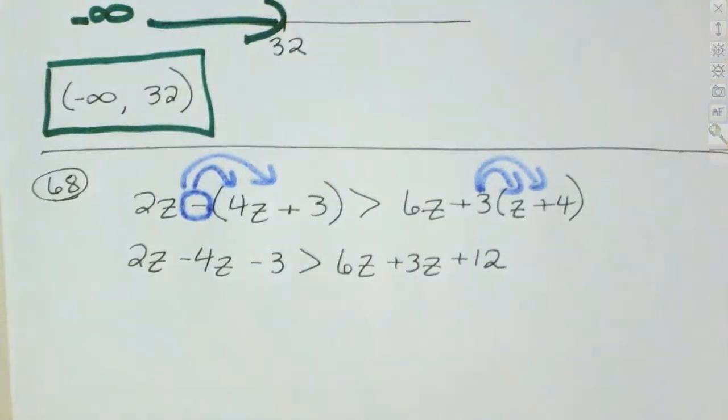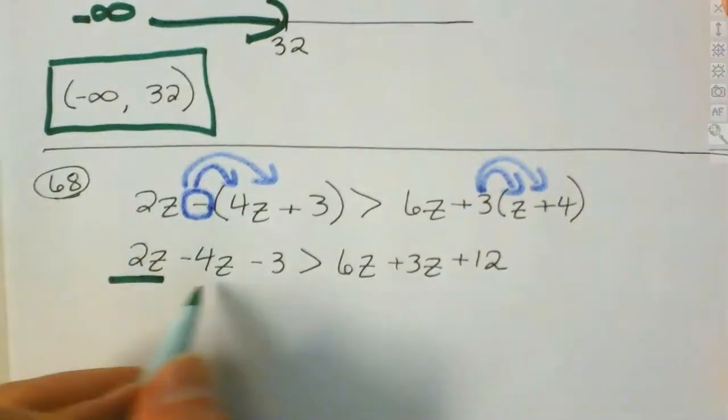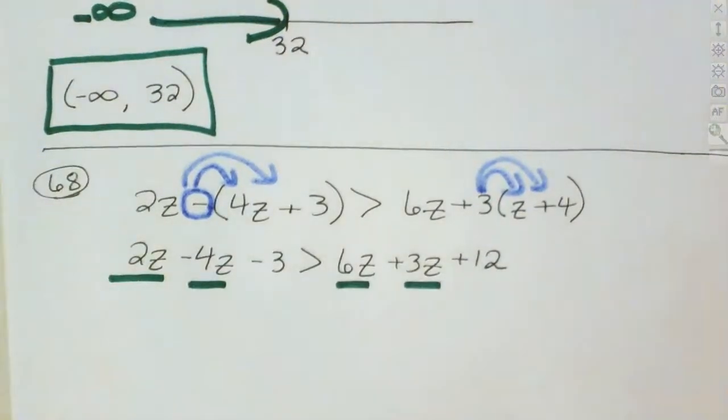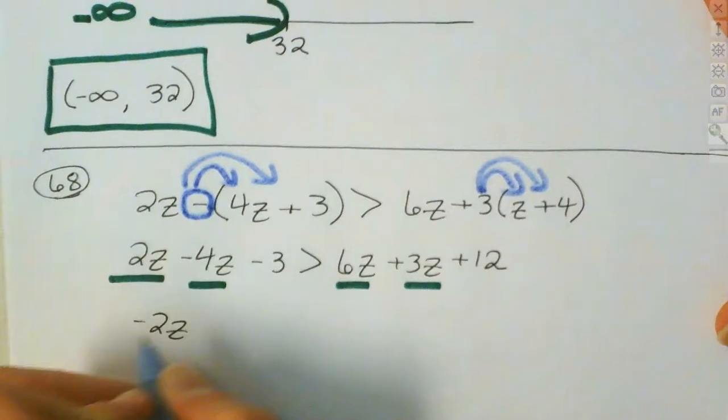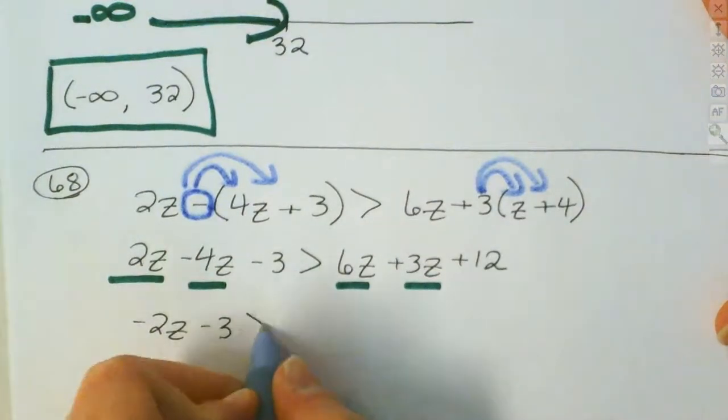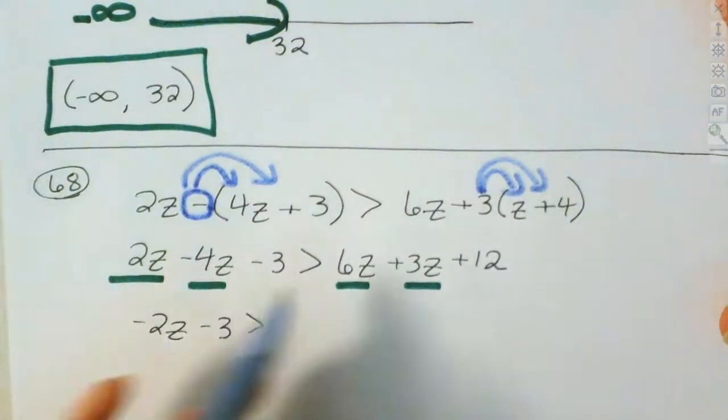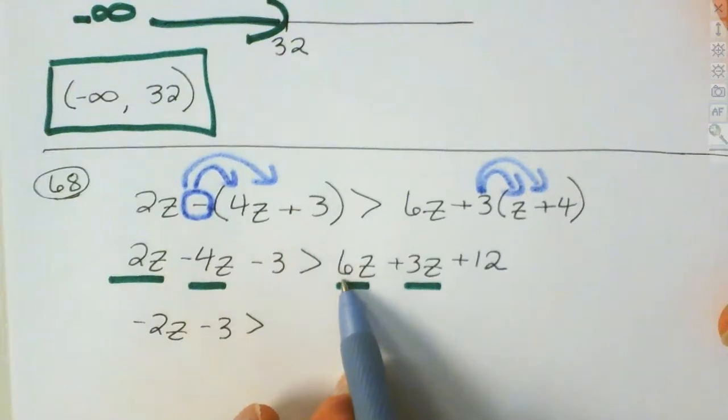Nothing new. What do we need to do before we move things across? Combine. So let's see what we can combine. 2z minus 4z, that makes it a minus 2z minus 3. On the right-hand side, we have a 6z and a 3z.